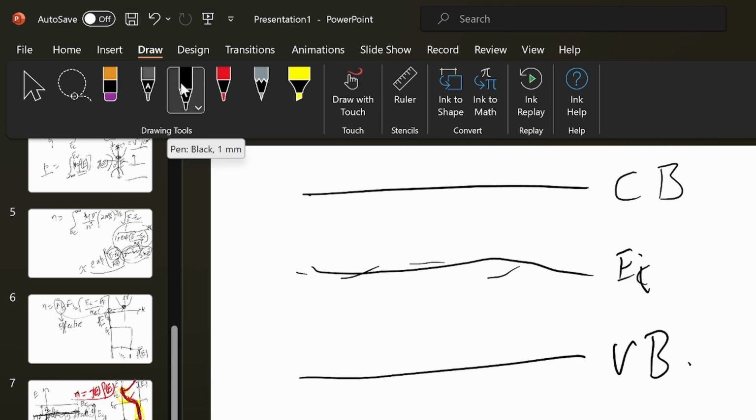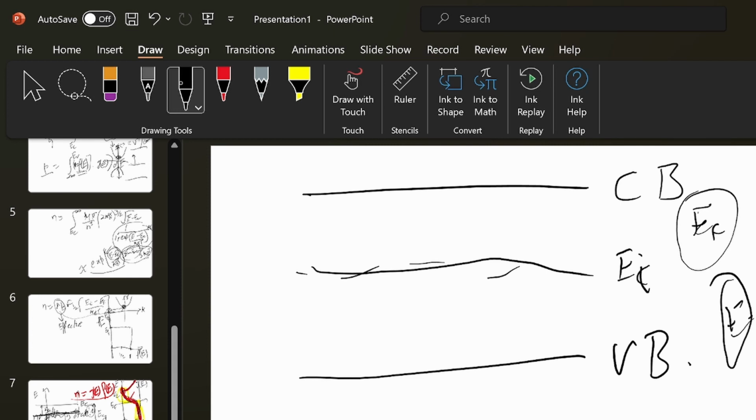So how can we say whether this is an N type or P type semiconductor? If the Fermi level EF is above in this region, then it is an N type semiconductor. If the Fermi level is in this region, then it is a P type semiconductor.